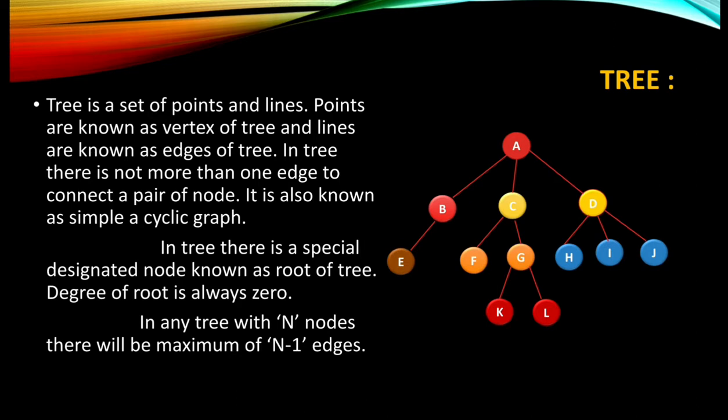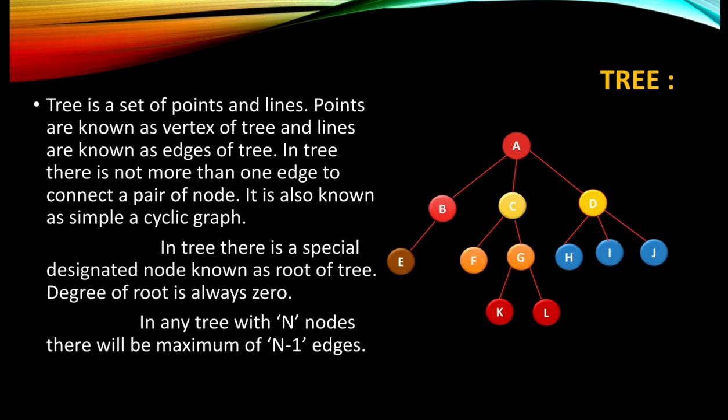If we count the number of nodes: A is 1, B is 2, C 3, D 4, E 5, F 6, G 7, H 8, I 9, J 10, K 11, L 12. Means total number of nodes, n, is 12.